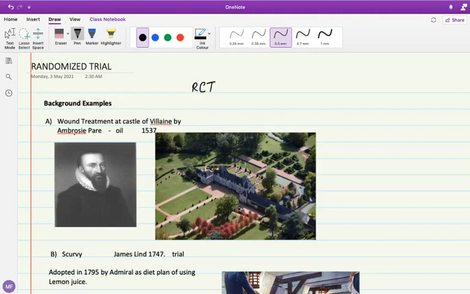What you are looking at right now is a famous physician of French origin. His name was Ambroise Paré, and he made his initial findings on a randomized trial, and that was more like an accidental trial.